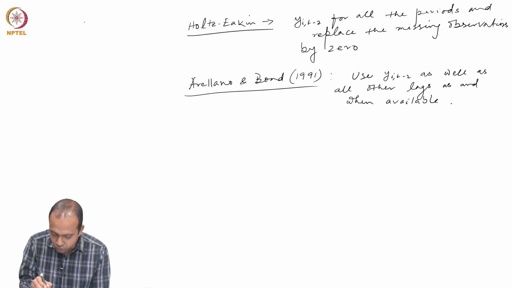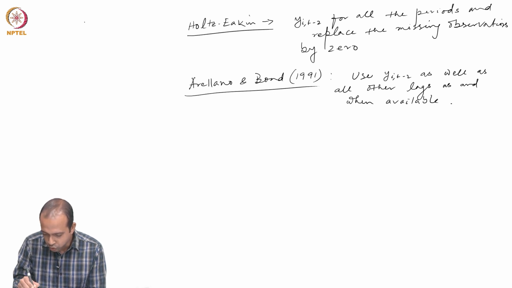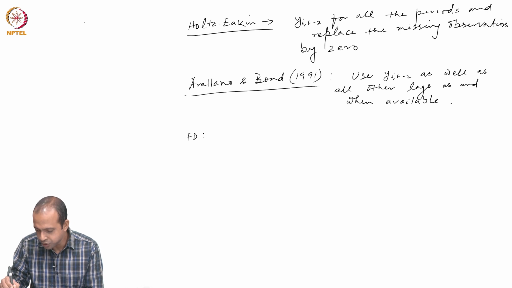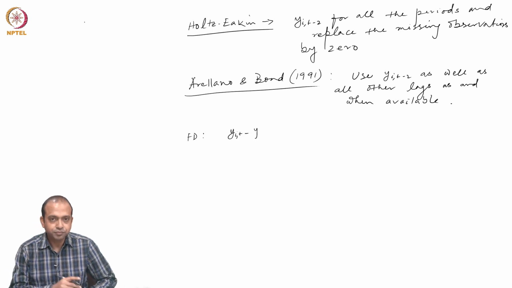So, first difference means yit minus yit-1 equals rho times (yit-1 minus yit-2) plus beta times (xit minus xit-1) plus vit minus vit-1. This is the first difference transformation.